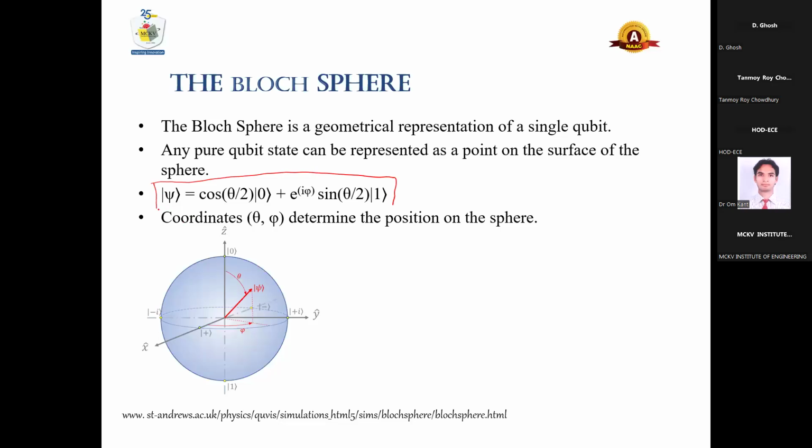So for any psi, if you know what theta and phi are, you would know the state of the qubit. The state of the qubit is given by this. I want to show you a very good animation on this.